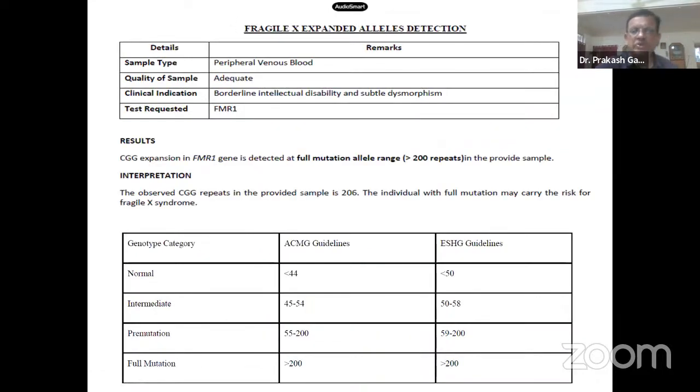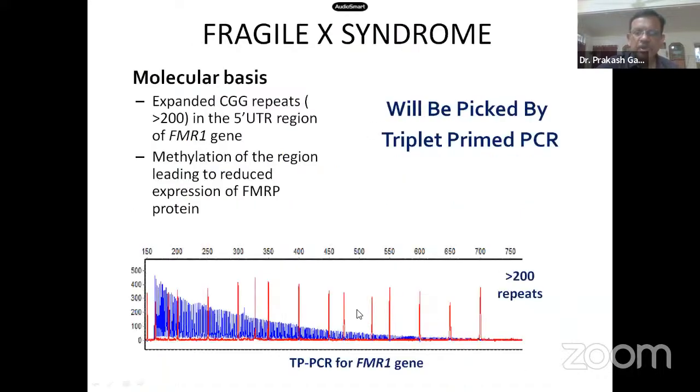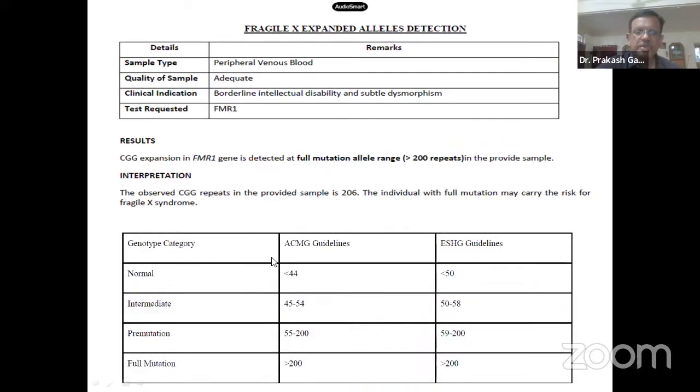The report will come to you like this: for this particular child, the number of repeats was 206. It is more than 200, and then the diagnosis is clinched.